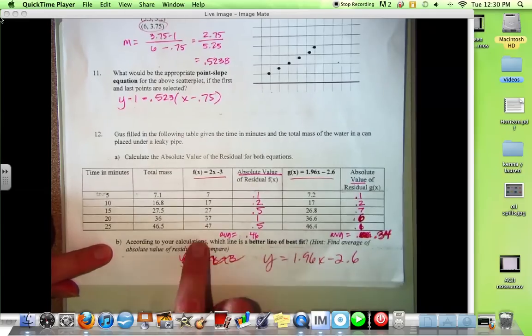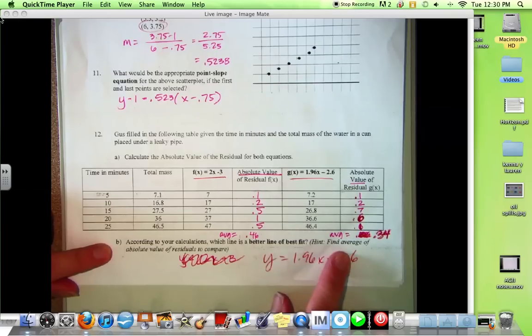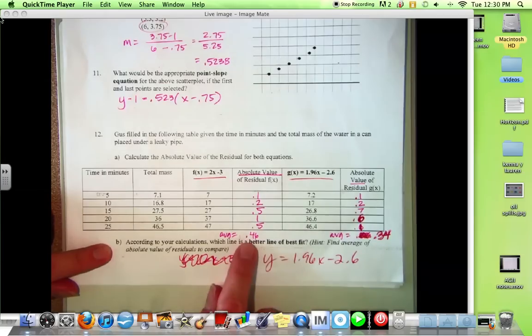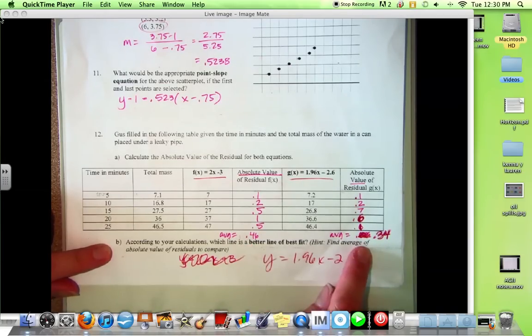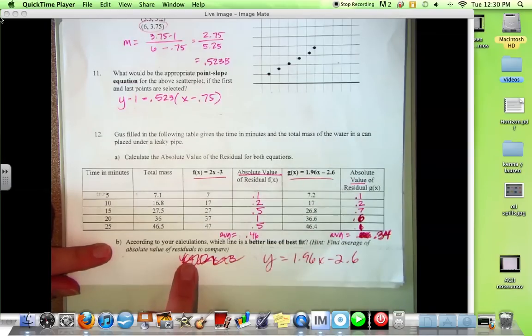B asks you to determine which line is a better fit. And here's your hint. Find the average of the absolute values of residuals to compare. This set of data has an average of 0.46. This set of data has an average of 0.34. Smaller value is a better line of fit.